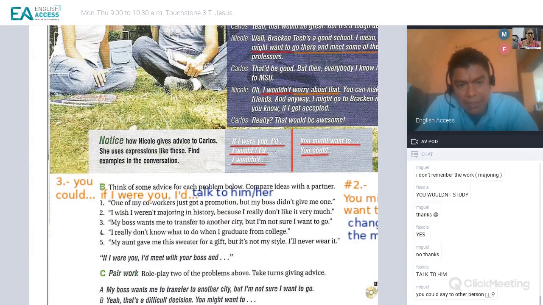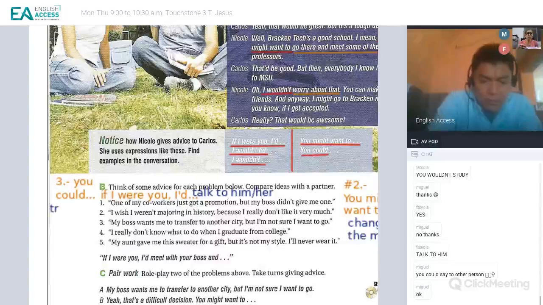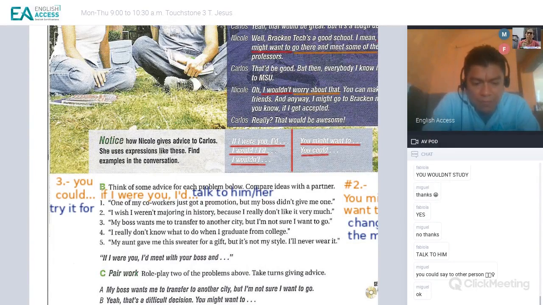So how about we find a different opinion, a different idea? You could, well, not really, because your boss wants you to go. So you can't tell the other person to go. So what can this person say? What can this person do? You could try it for a couple of months.